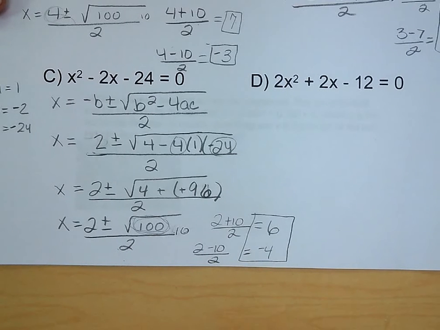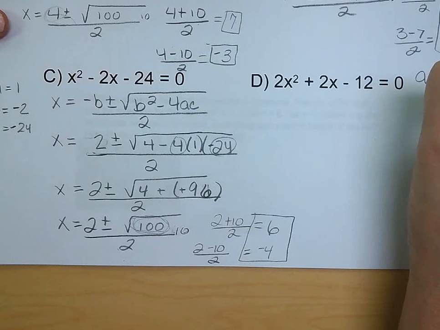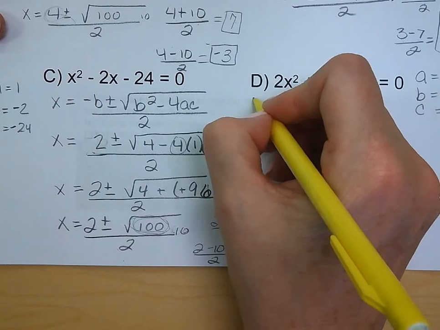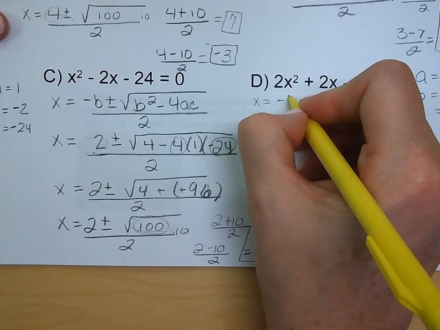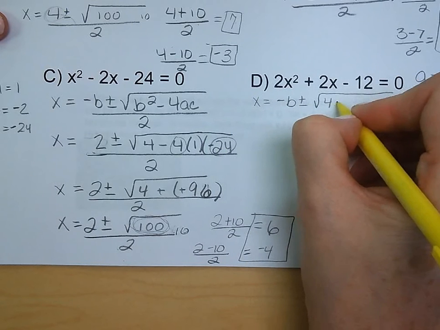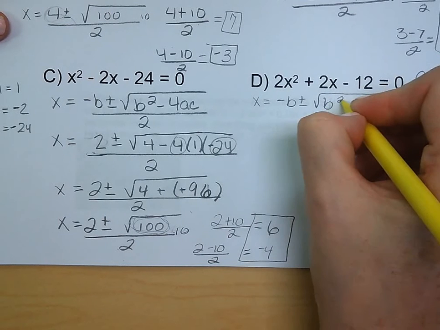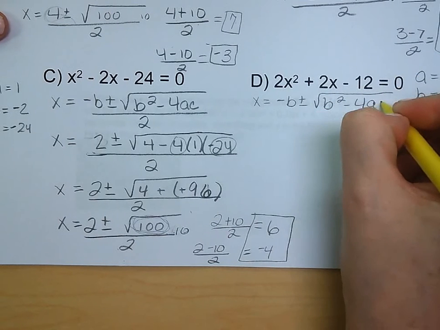All right, next up we've got an a term. So a is 2, b is 2, and c is negative 12. So we start off with our quadratic formula again. X equals the opposite of b plus or minus the square root of b squared minus 4ac all over 2a.